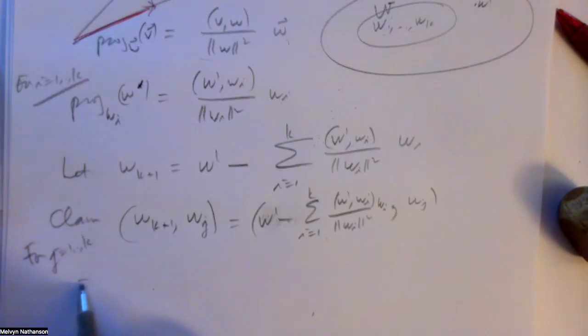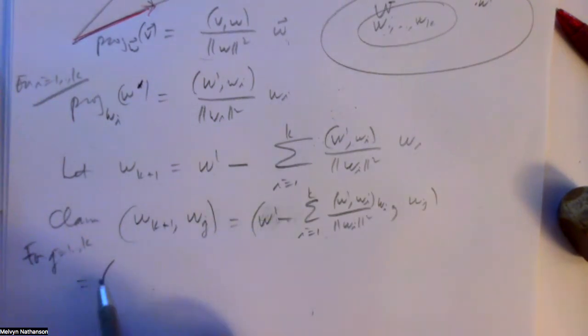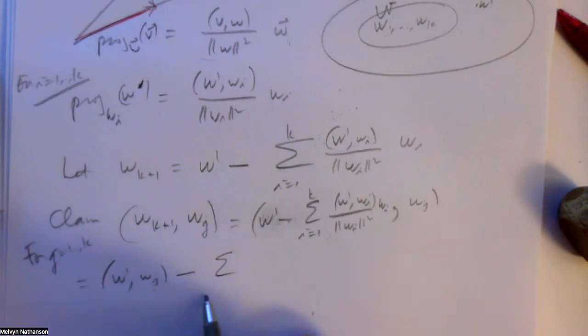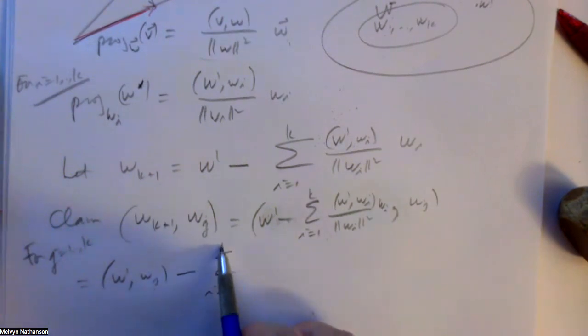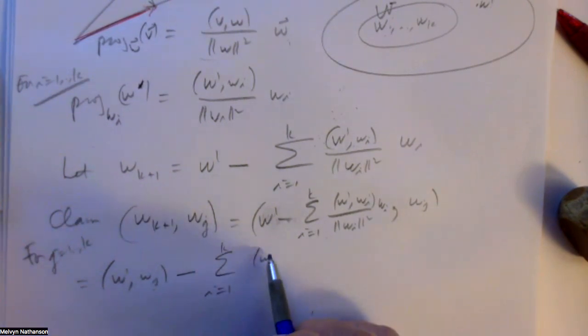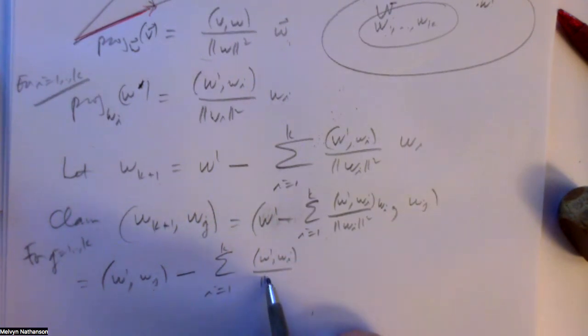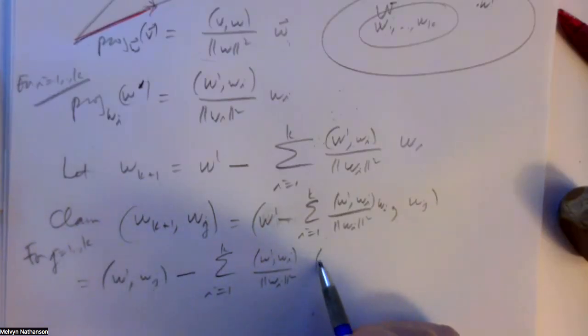What is this? This is the inner product of W prime and W_j minus the sum, i goes from 1 up to k, of the inner product of W prime and W_i over the length of W_i squared, times the inner product of W_i and W_j.